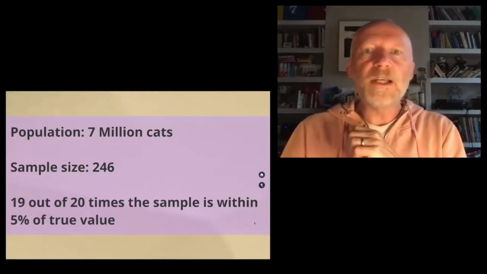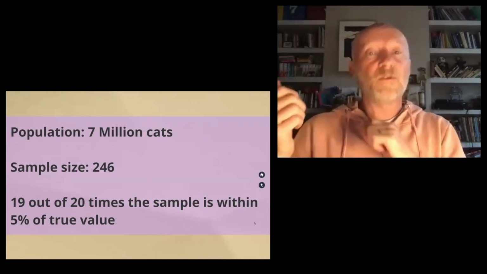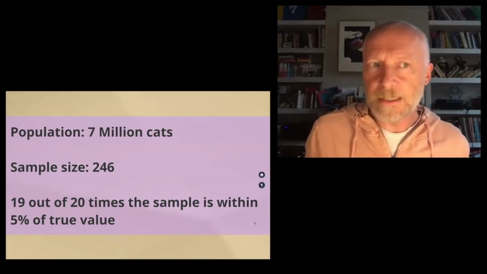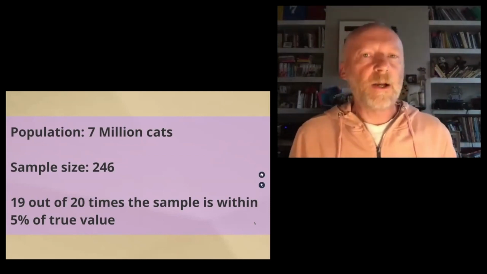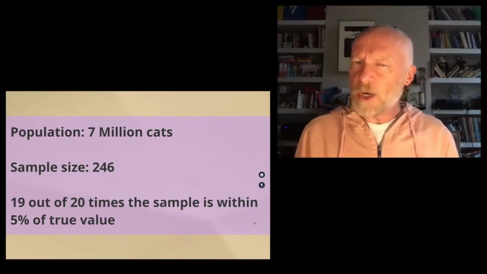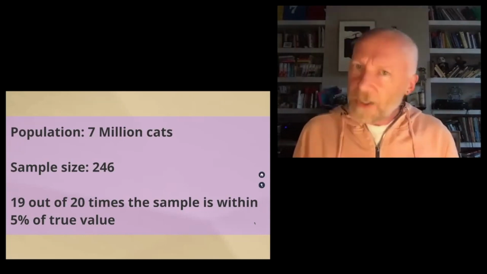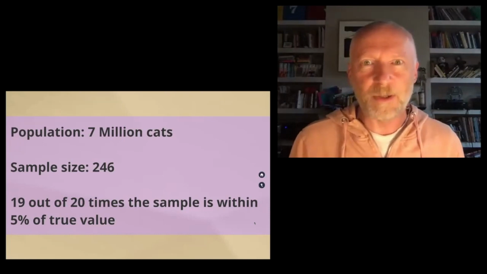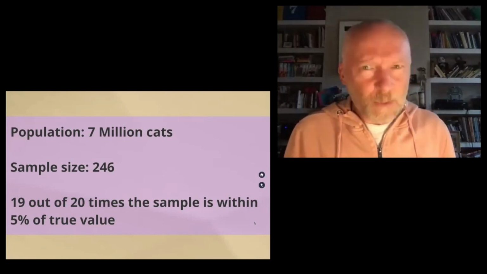Well, it turns out that you only need to ask just under 250 cats, and you can make that sort of claim about 7 million cats. And I think that's pretty unexpected and quite extraordinary. And that's very useful to know, because you might say, in order to make that claim, perhaps I need to ask all 7 million cats.